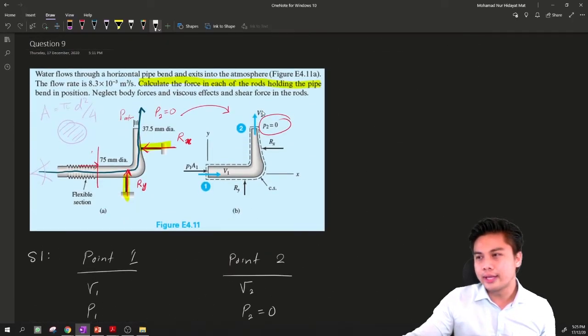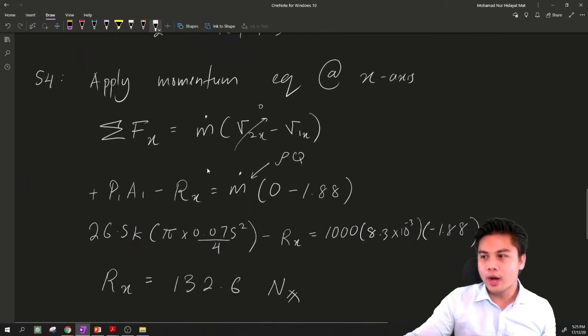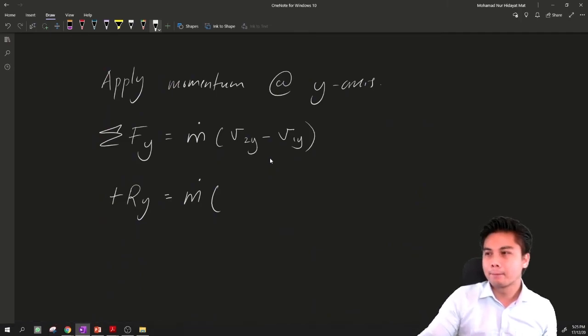Looking at here, V2 is in the y-axis, so we have V2y equal to V2. And do we have V1y? No, we don't have any vertical velocity, so V1y is equal to 0.